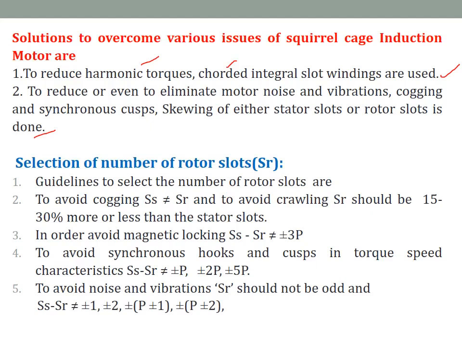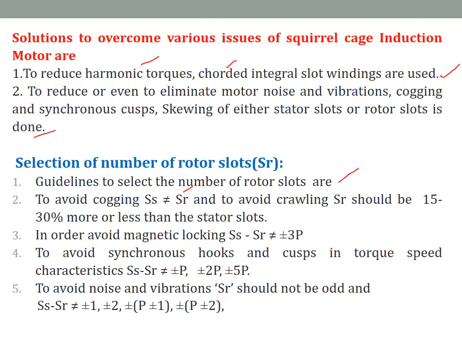Now coming to the selection of the number of rotor slots. There are some guidelines to select the number of rotor slots. To avoid cogging, SS minus SR, where SS is the number of stator slots, should not be equal to 0, that is, SS should not be equal to SR. This means the number of stator slots should not be equal to the number of rotor slots.